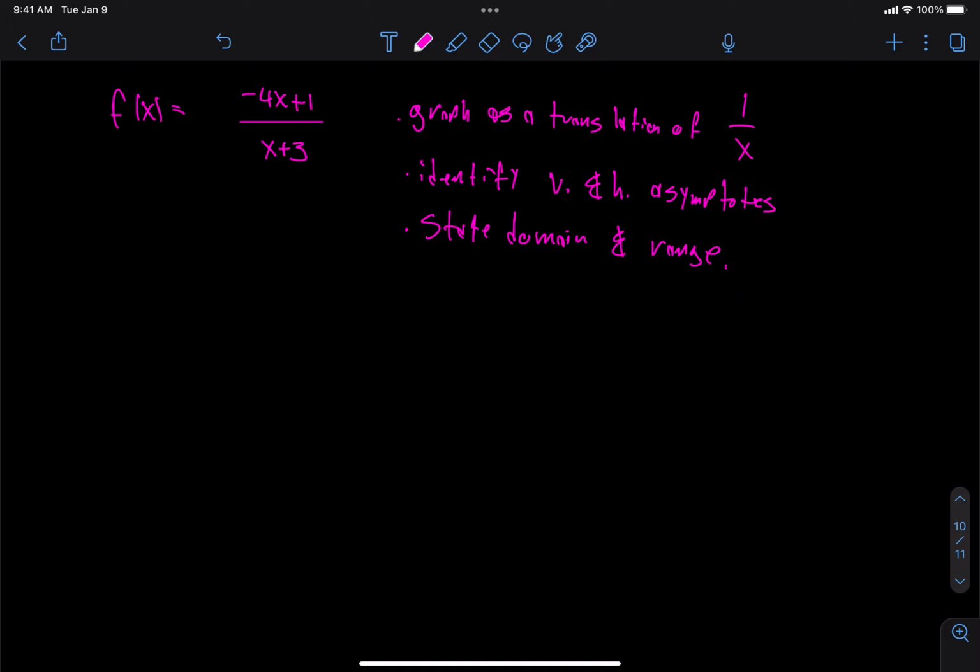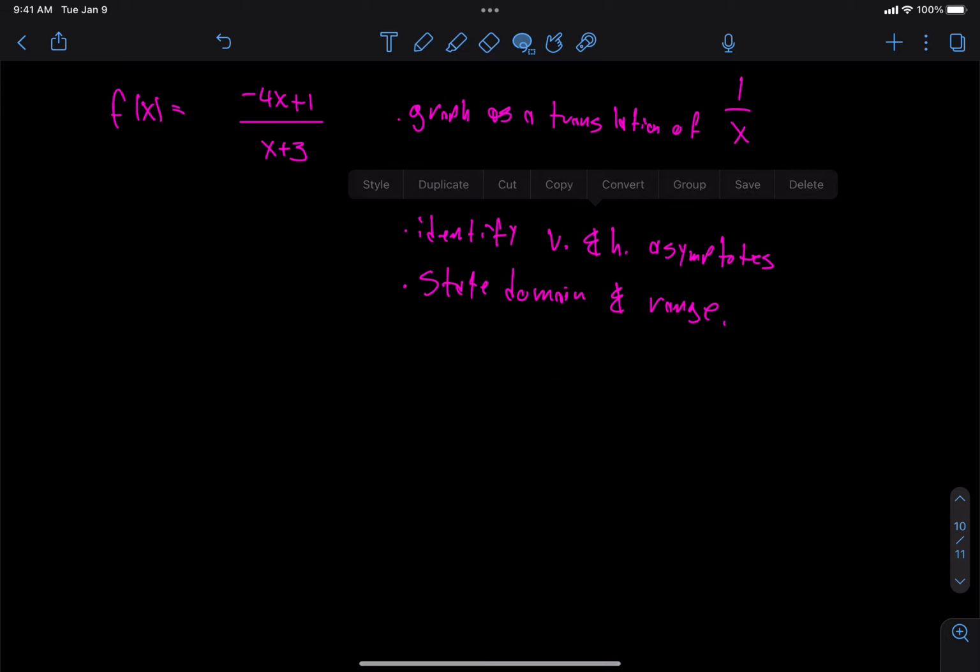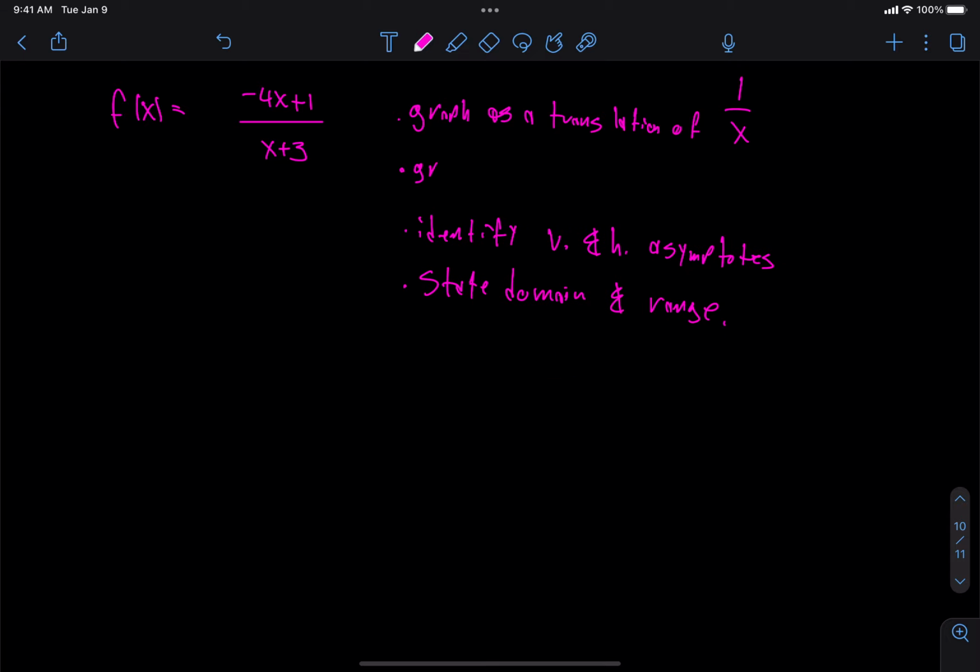I'm going to show you an additional step, which is going to be the following. What is my additional step going to be? My additional step is I'm also going to show you how to graph this without using graph transformations, I guess. So 2 different ways to graph this function. We can view it as a translation of 1 over x, and apply our theory of shift up or left or reflect.